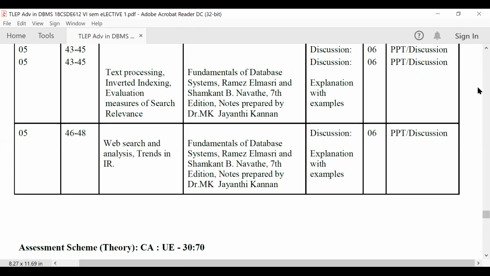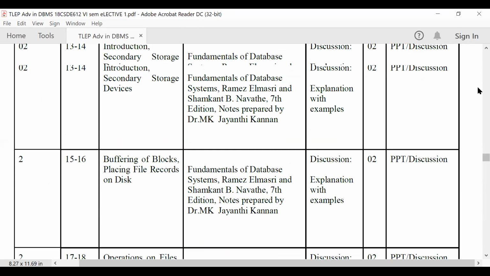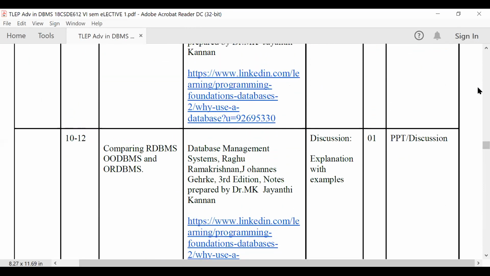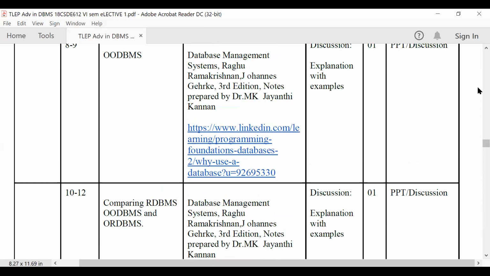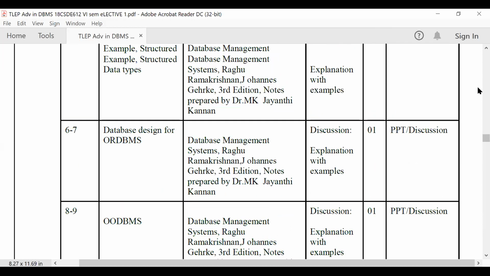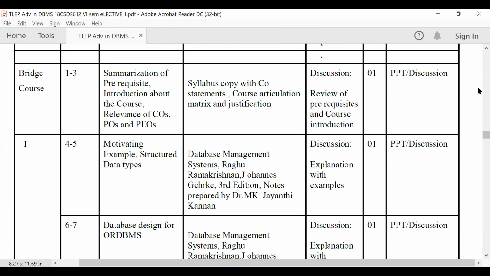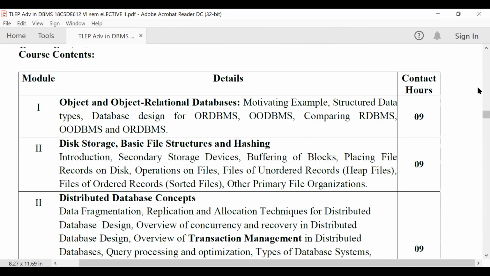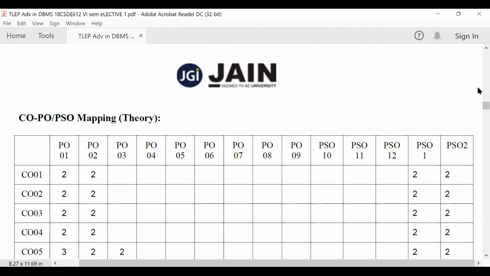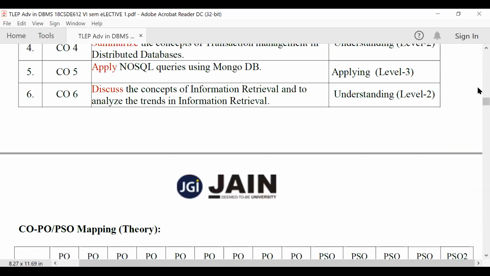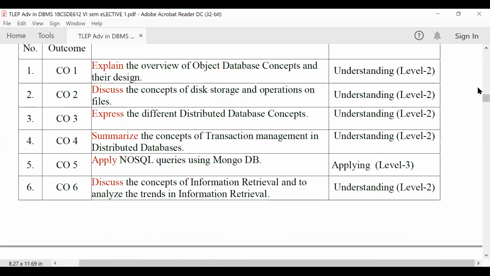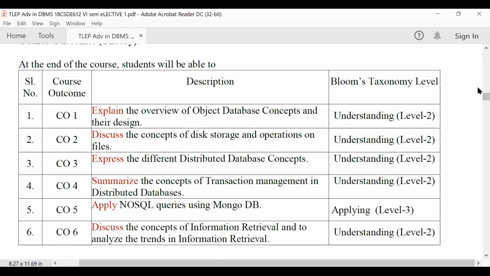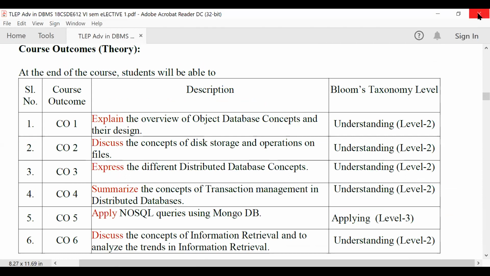So you should know the basic idea behind what is the National Board of Accreditation, what is a PO statement, what is a PSO statement. We have 12 POs, 2 PSOs, and program educational objectives, PEOs, we have 4. Then each course will have 6 CO statements, course outcomes, and every course will have a course objective.